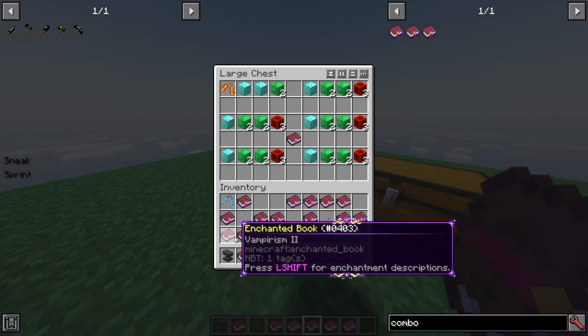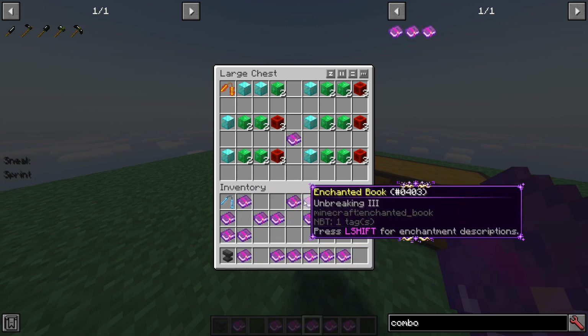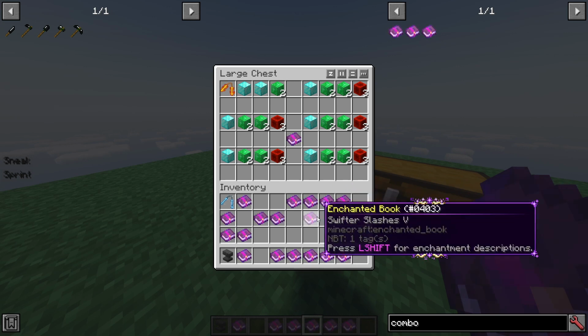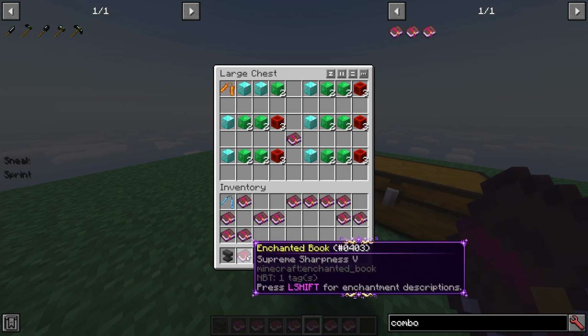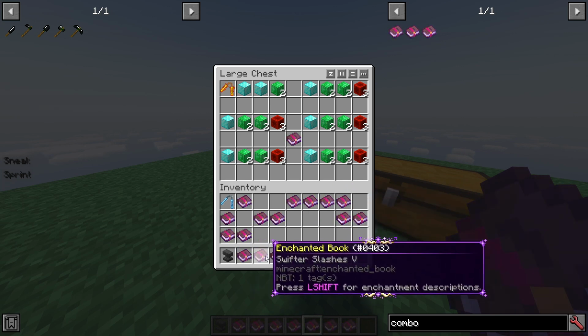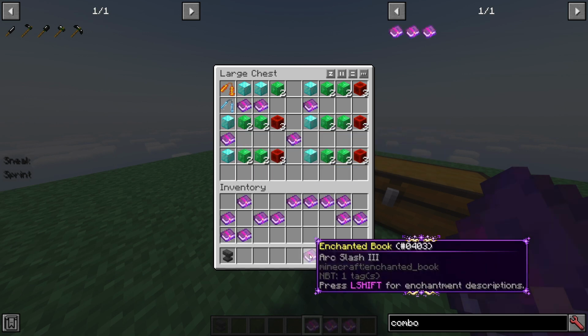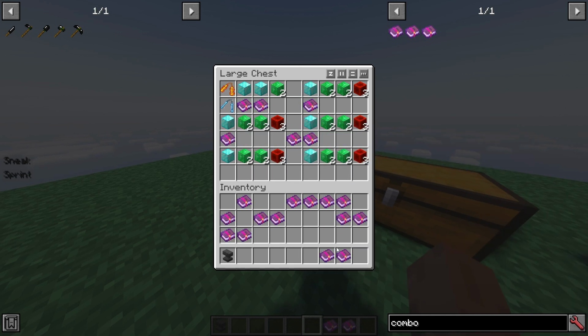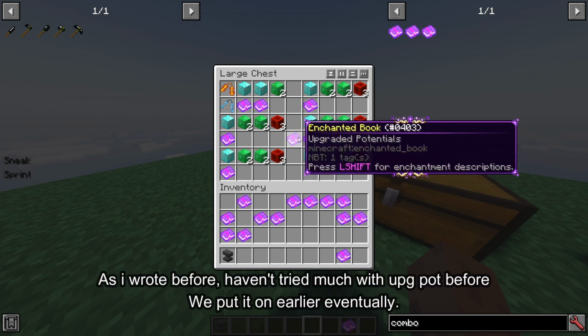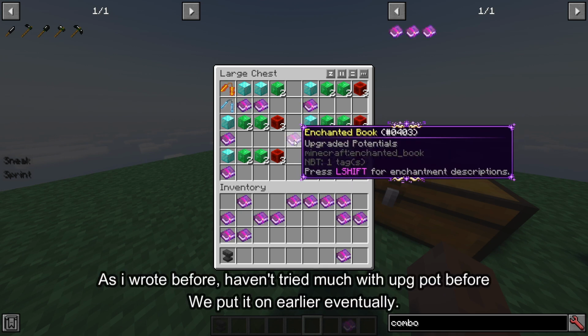Wait, where's Swiftest Nourishes? There. That's also 20. So, item is here. Then 20, 20, 16, 12, 12, 12. Putting the upgrade potentials here because we're putting it on at this spot.